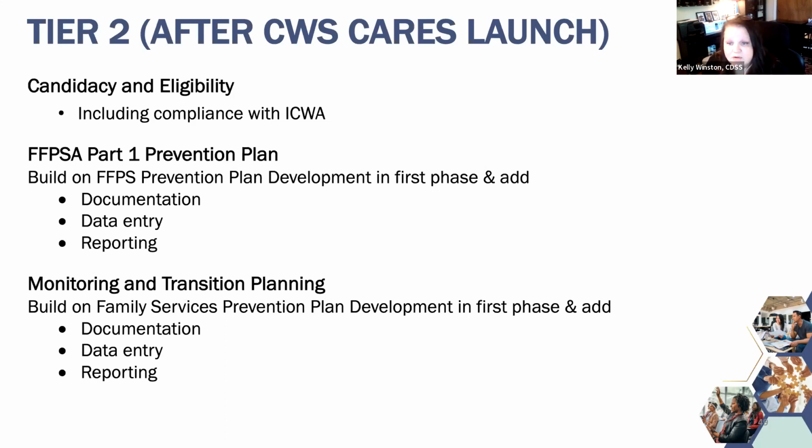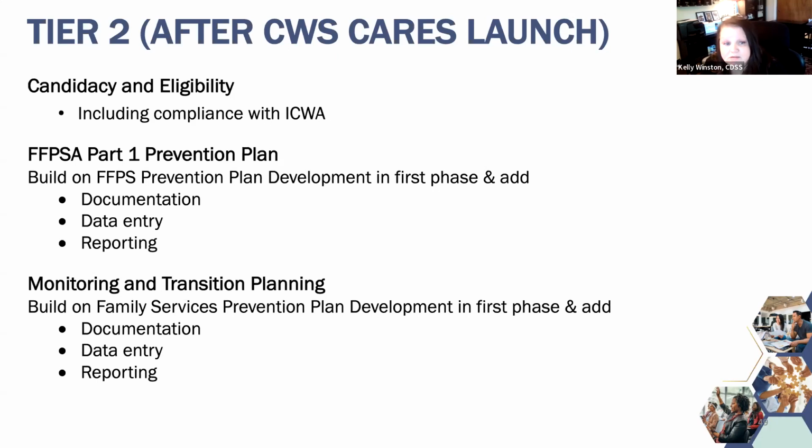So this is going to include requirements for documentation of family eligibility, the determination of candidacy, and ensuring that we capture compliance with the Indian Child Welfare Act where appropriate. It's going to cover documentation and data entry for family services prevention plans, and that data that's required for federal reporting for the fiscal elements of those requirements.